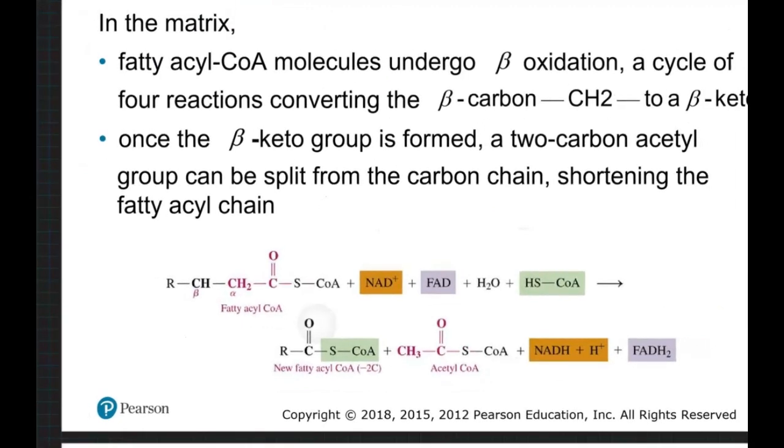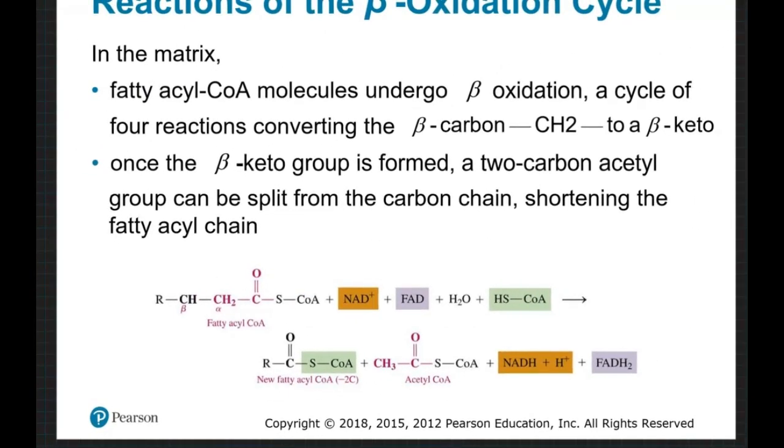Then in the mitochondrial matrix, fatty acids go through beta oxidation. It is a cycle. There are 4 reactions that convert beta carbon, okay, to a keto carbon.